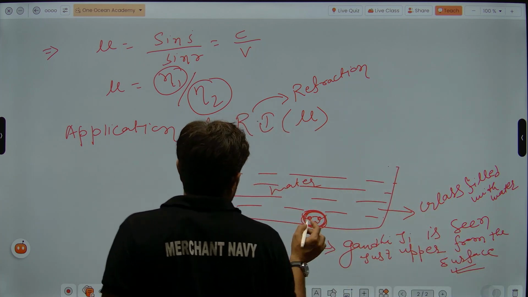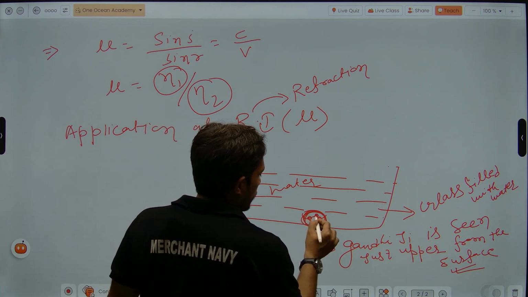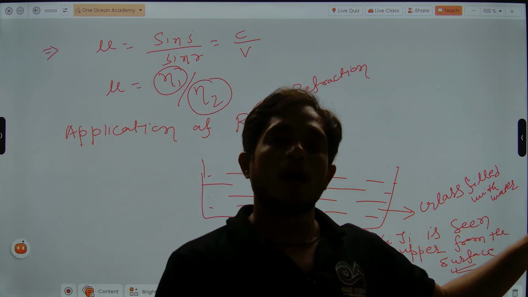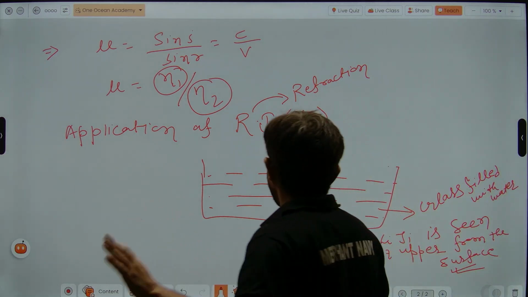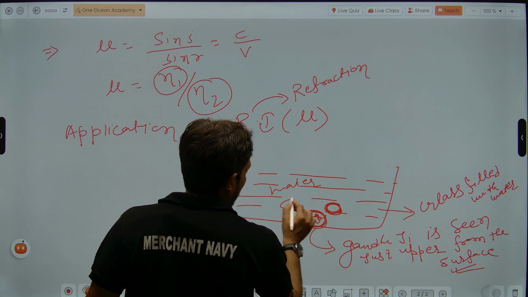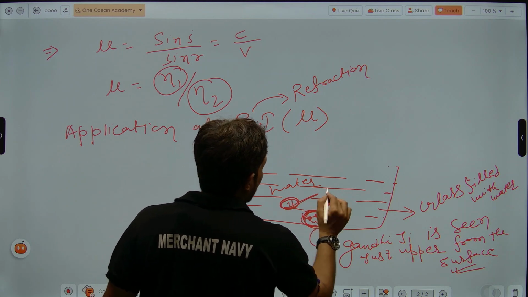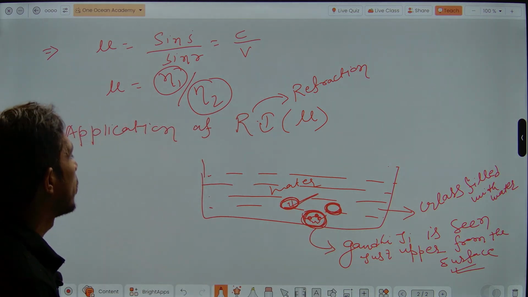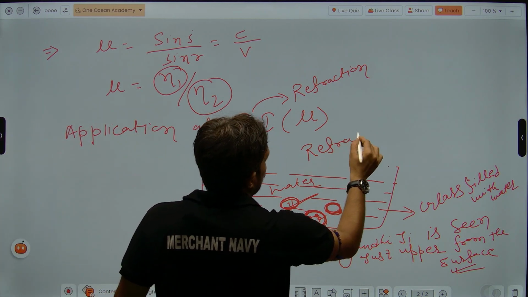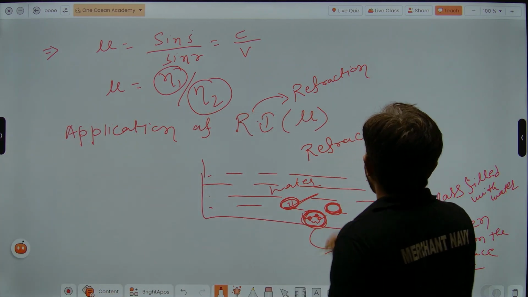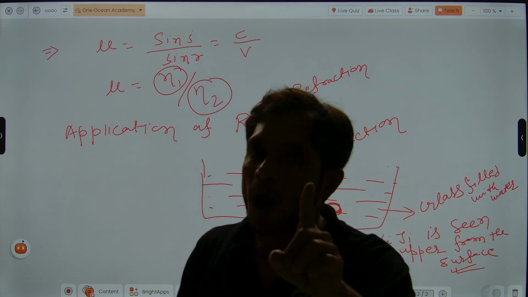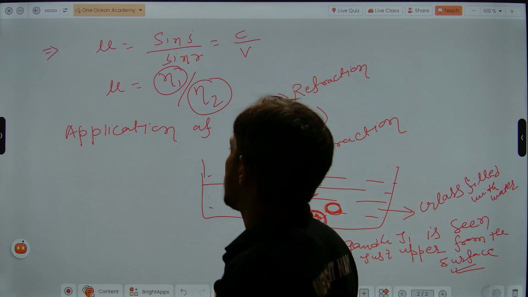The real position of the coin is here, but if we look from the other point, we will see that the coin is lying here or here. Why does it occur? Because of the refraction of light. So in a glass we can't see a coin at its fixed position, because of the refraction of light.